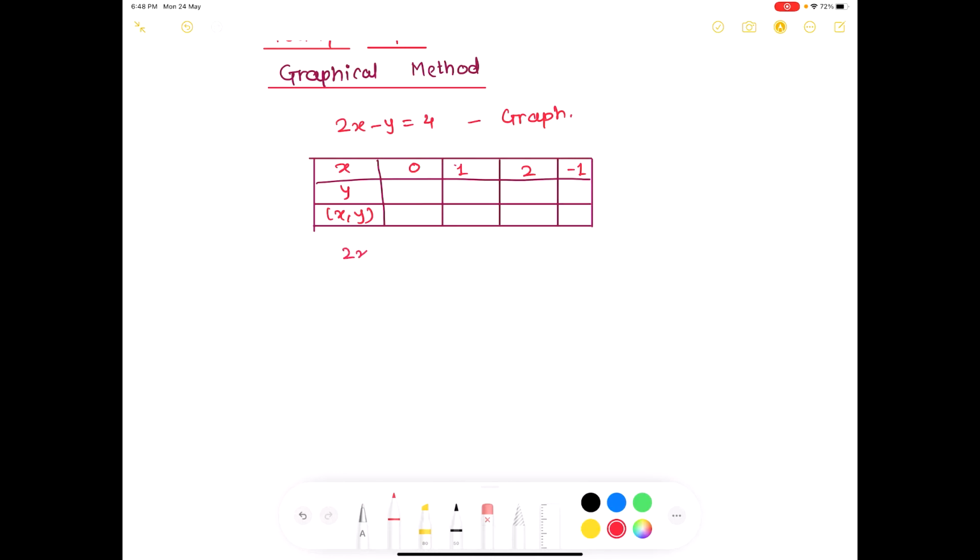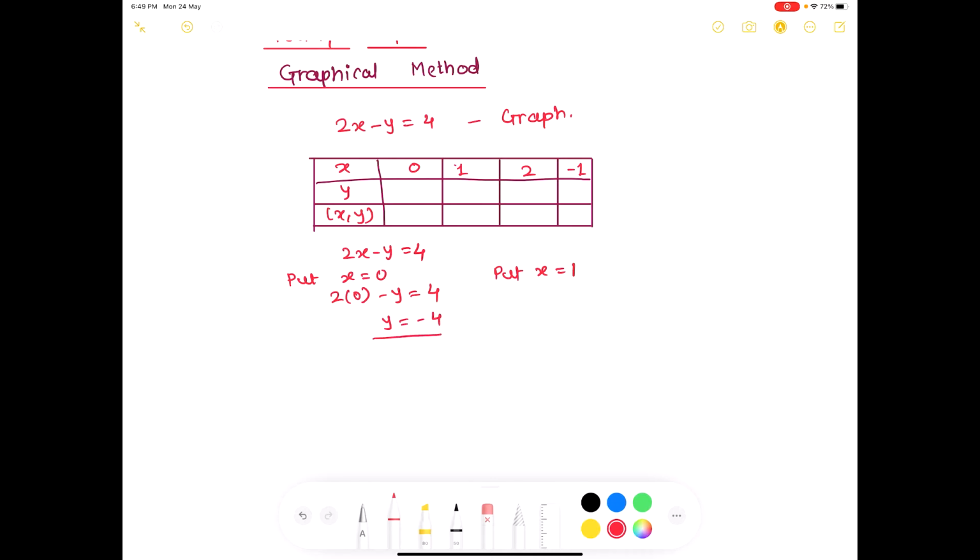Now write down this equation, 2x minus y is equal to 4. Here put x is equal to 0 first, then put x is equal to 1. Okay, for that we will solve. 2 into 0 minus y is equal to 4. Okay, we will get the answer y is equal to minus 4. Fine.